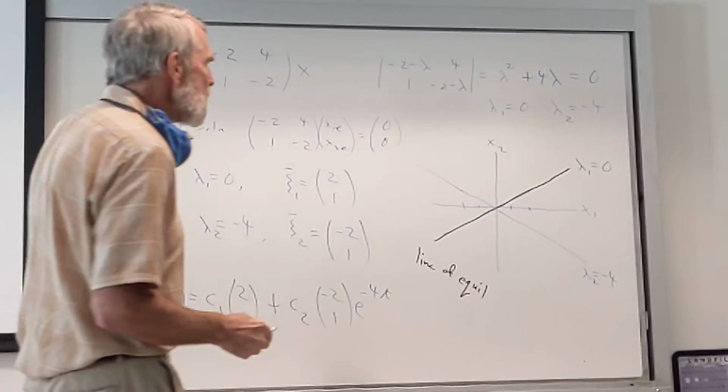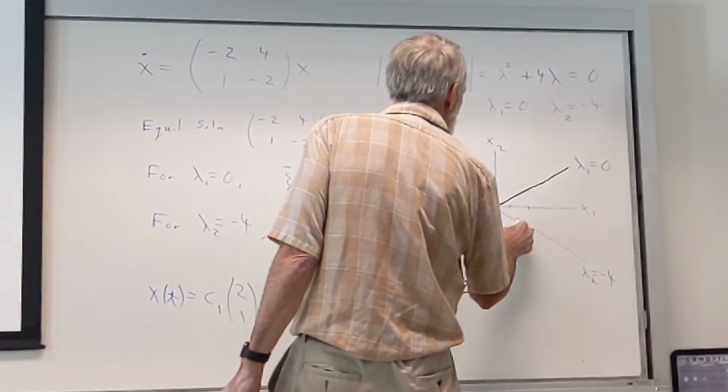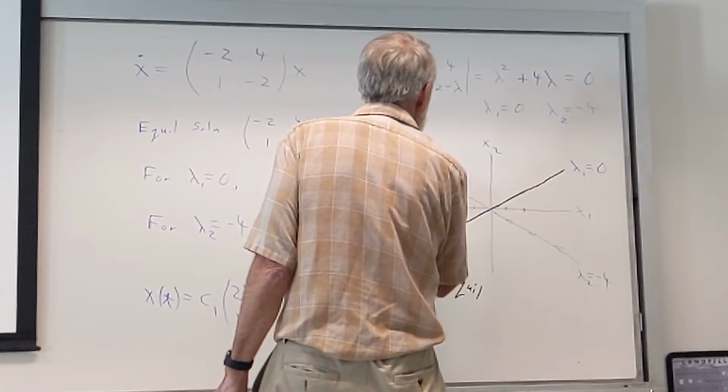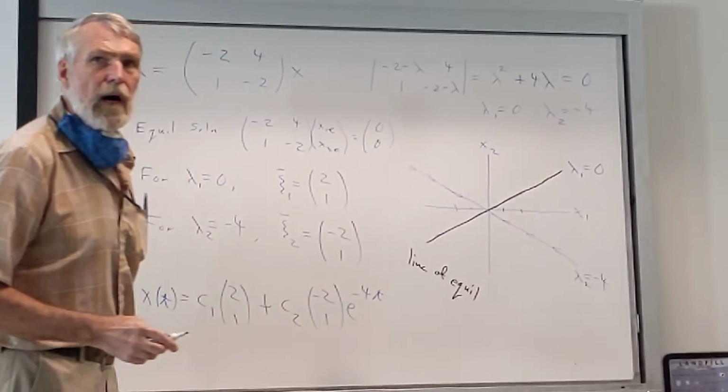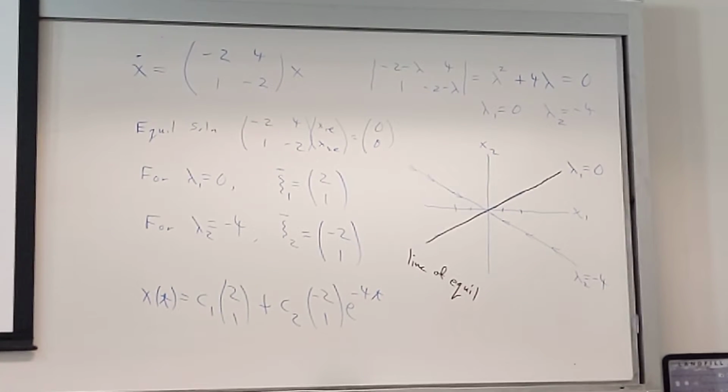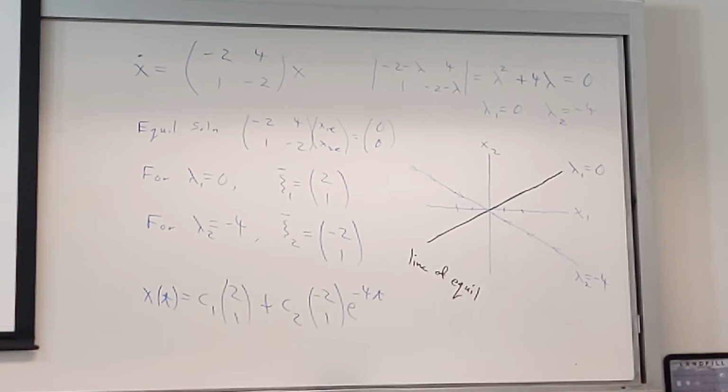This is where it gets a little bit tricky, is how do I complete my phase diagram? Well, the point is that we're basically only looking at one-dimensional flow. All that flow is going parallel to this particular direction.